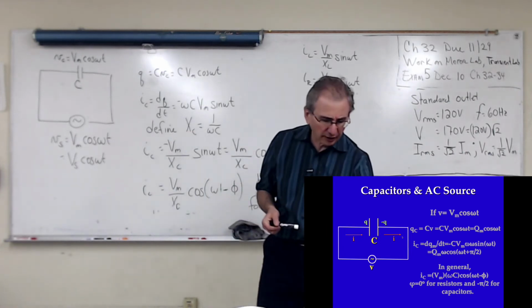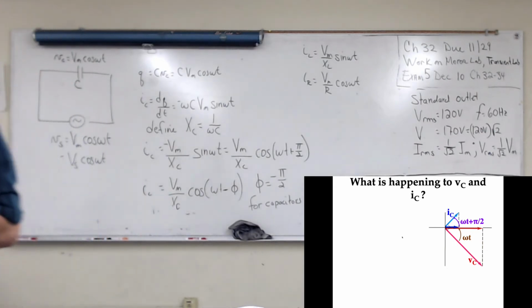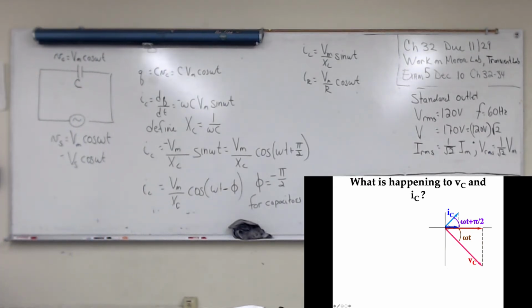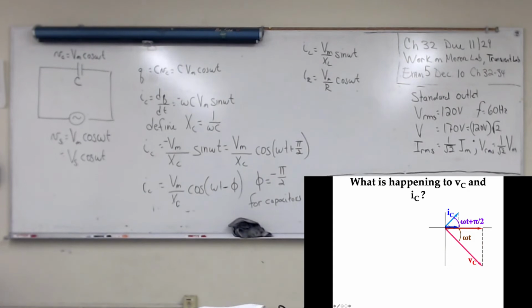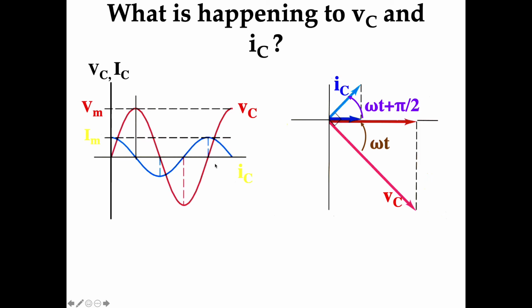So if I were to draw the phasor diagram, let me make this picture bigger for everybody to see. When I make these drawings on the PowerPoints, I make them at arbitrary angles, but that's what it looks like.